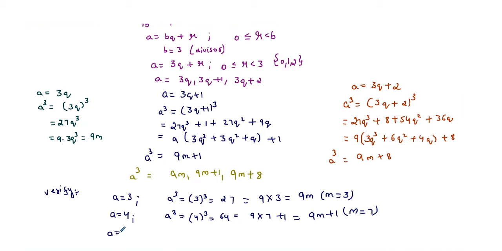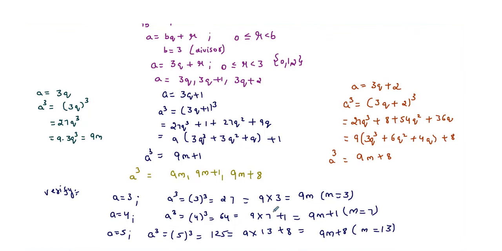Now let us take an example where a equals 5. Then on cubing, 5 cube will result in 125, which can be written as 9 into 13 plus 8, or 9m plus 8, where m is equal to 13 in this case. That is, if we take a equals 3, then 9m will be obtained for a cube.